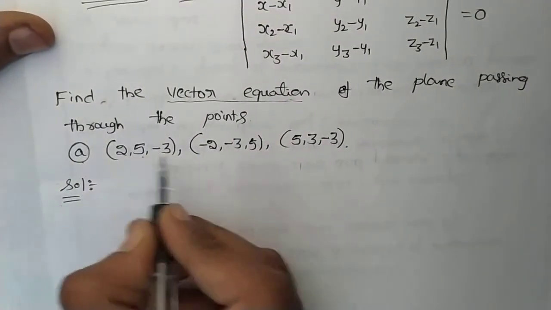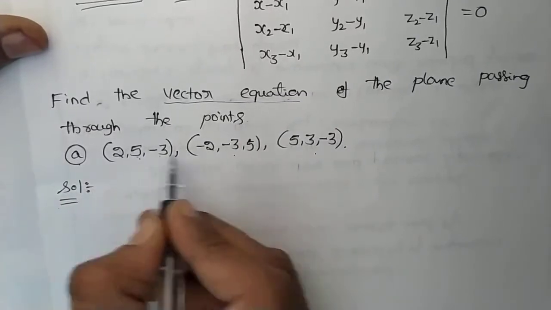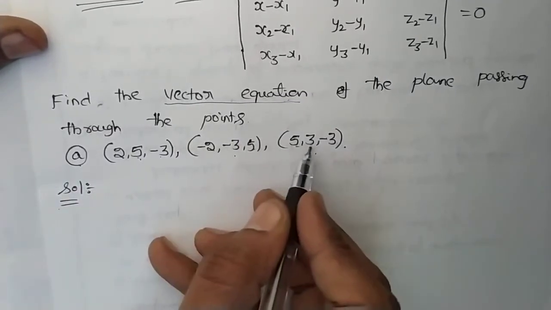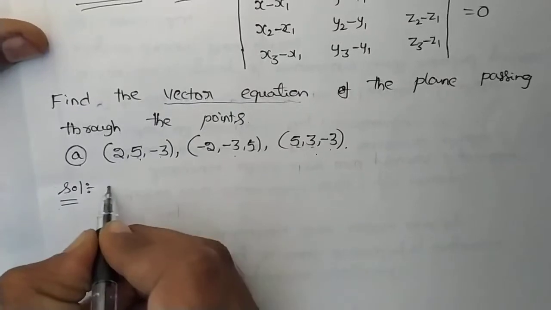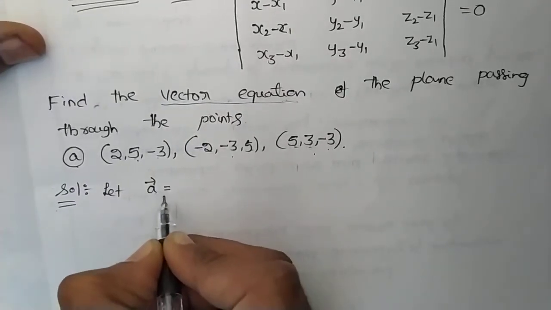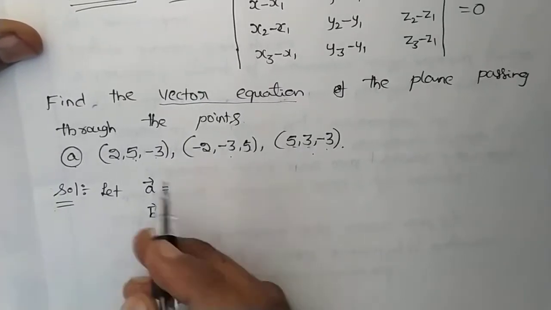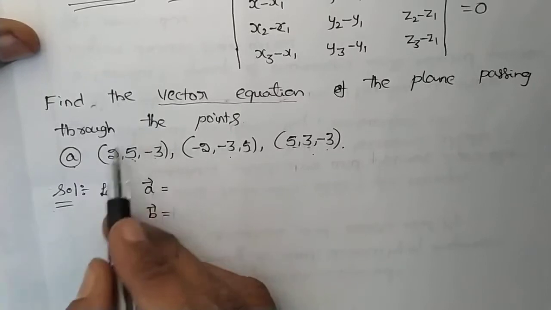It is the point A, the point B and the point C. These points will be x1, y1, z1, x2, y2, z2, x3, y3, z3. Let us represent the a vector, b vector and c vector. The a vector is the point 2, 5, minus 3.